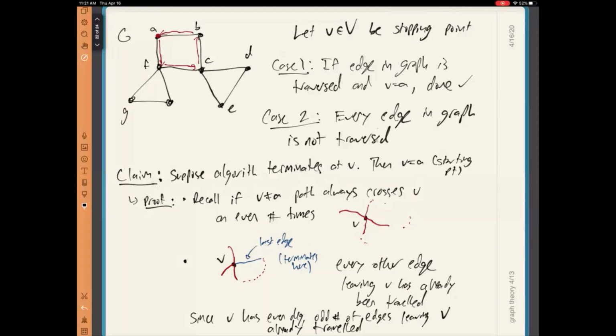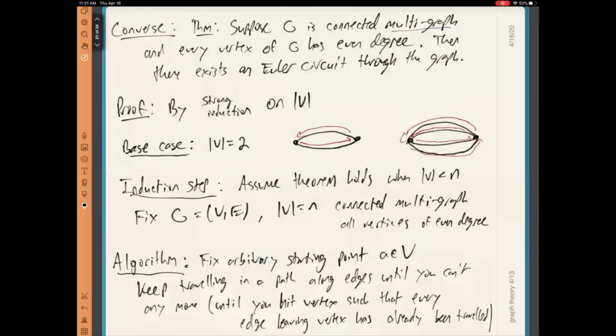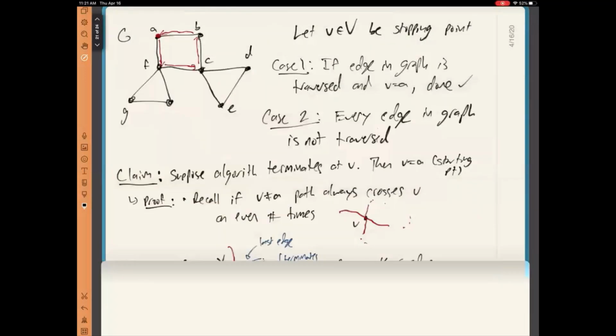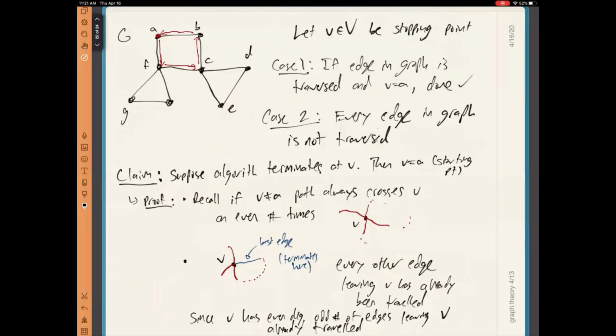And so this at least tells us that the algorithm I discussed on the previous page, where you fix an arbitrary starting point in your graph and travel along arbitrarily, adding whatever edge you can, kind of like a greedy algorithm, always produces a circuit when it terminates. And we're essentially using the fact that every vertex has even degree.